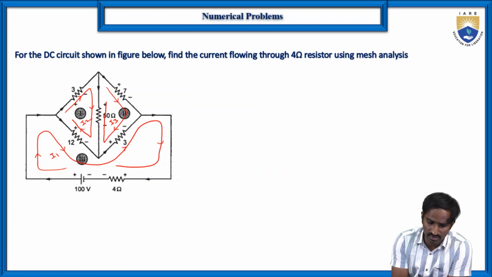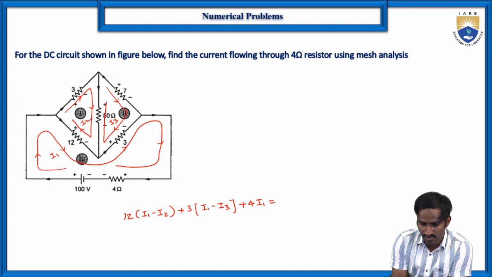The same way now we are going to write the equations. Okay, with respect to I1, of course, let us start with 12. Here 12 into I1 and I2 both are flowing, but I1, I2 both are in opposite direction. So I1 minus I2, and plus here again 3 is there. 3 into, of course, again here I1, I3 both are in opposite direction. So I1 minus I3, plus here 4 into I1, which is equal to 100.